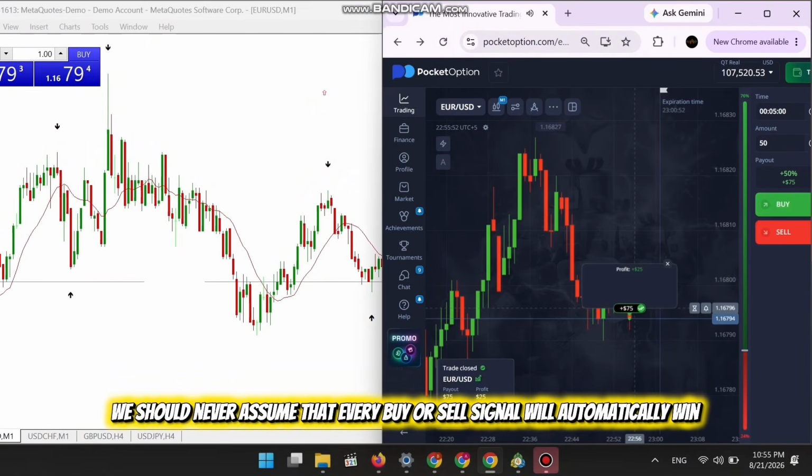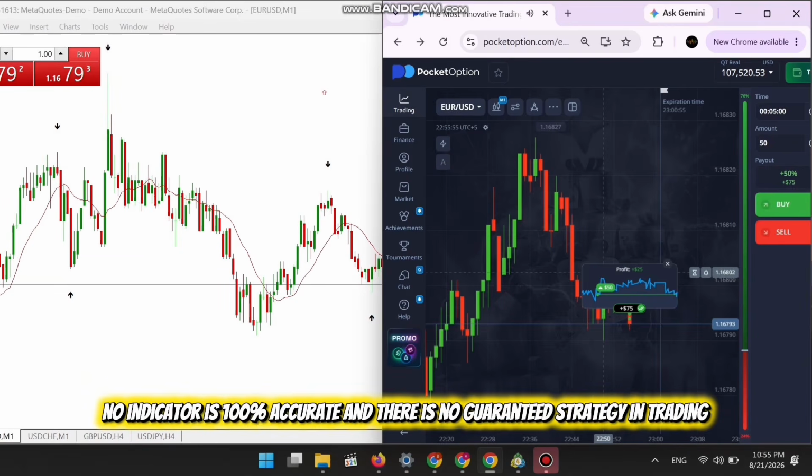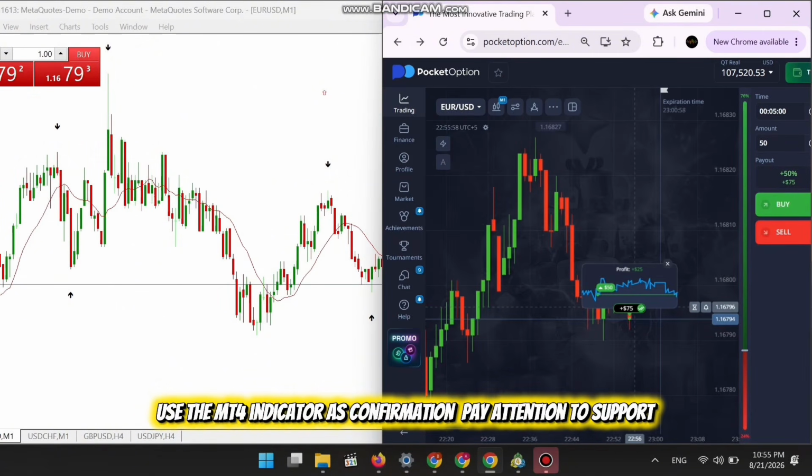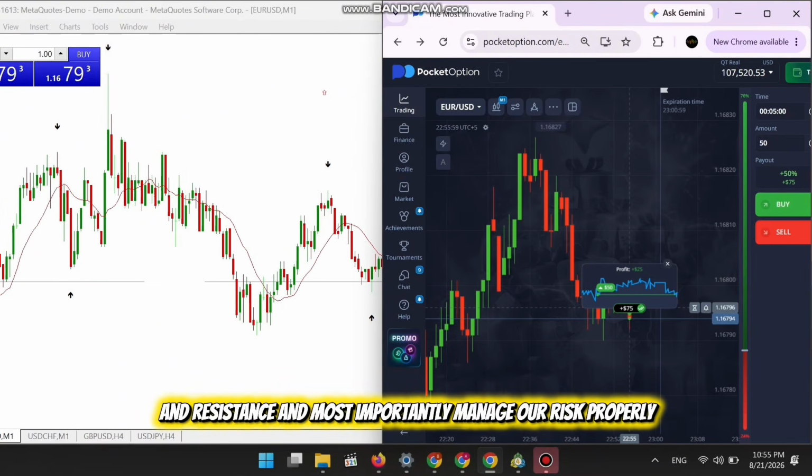We should never assume that every buy or sell signal will automatically win. No indicator is a guaranteed strategy in trading. The goal is to have a clear method to understand the market direction. Use the MT4 indicator as confirmation, pay attention to support and resistance, and most importantly manage our risk properly.